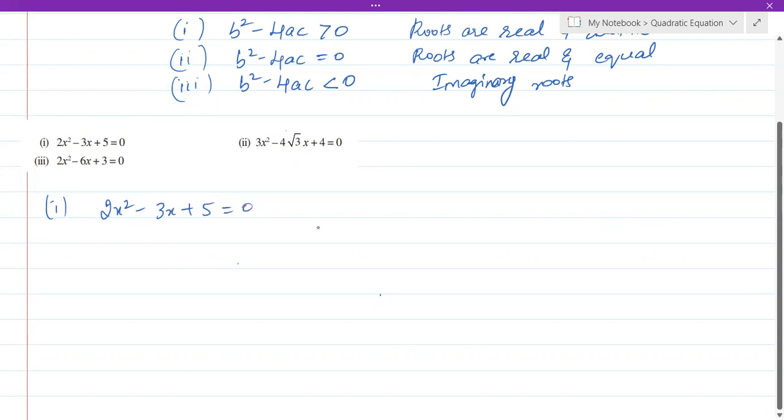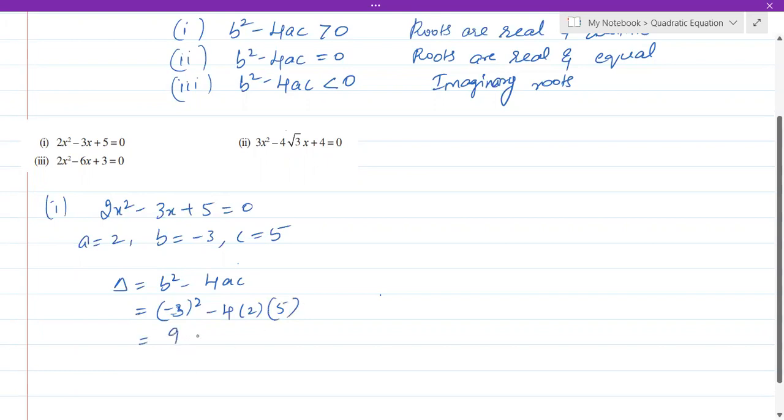Here the value of a is 2, b is negative 3, c is 5. So the discriminant, delta, is given by b square minus 4ac. What is b here? Minus 3 the whole square, minus 4, a value is 2 and c value is 5. I'm just substituting the values.